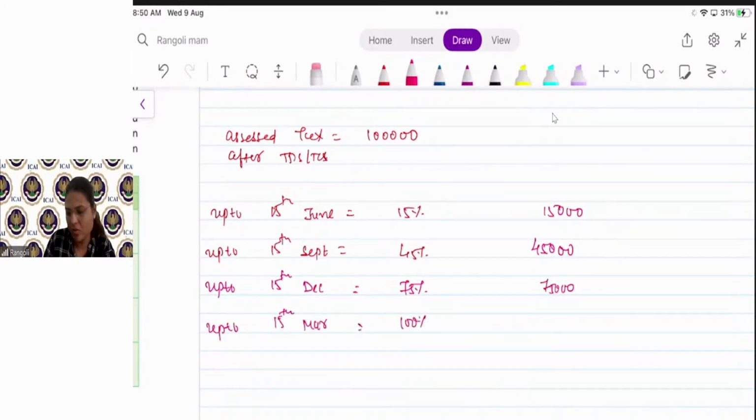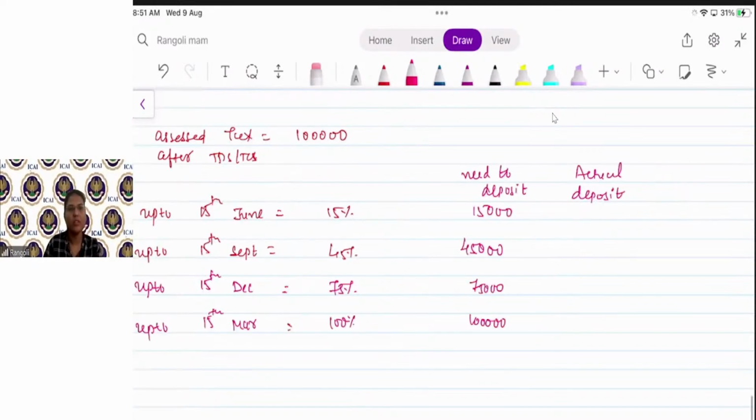So, okay, these need to be deposited. Now the actual deposit. Up to 15th June, I have to deposit 15,000 to the government, right?